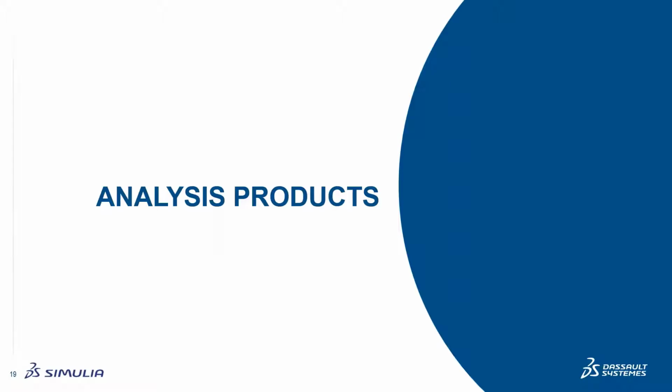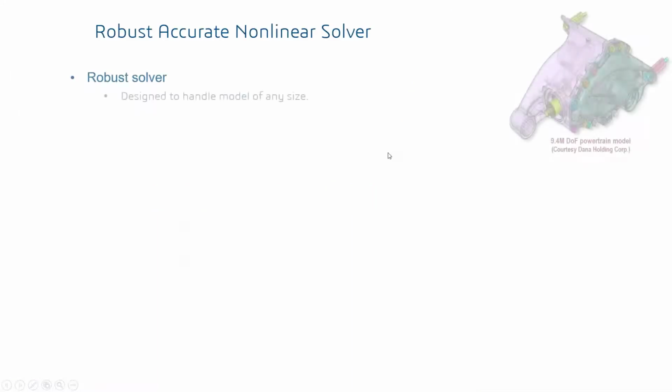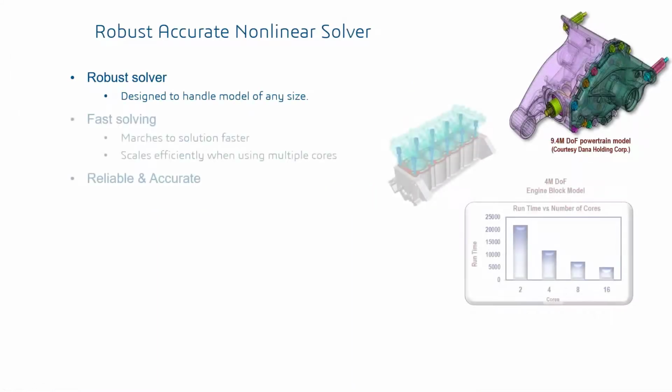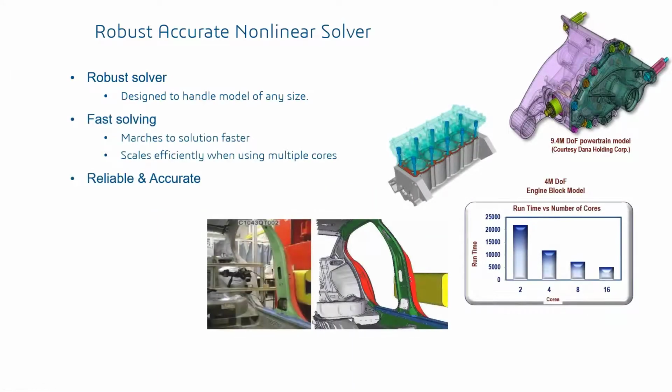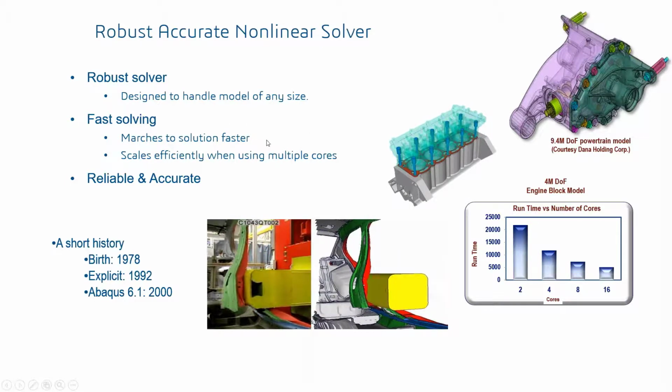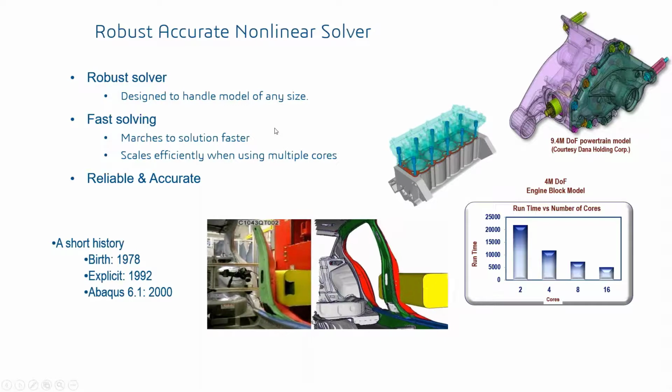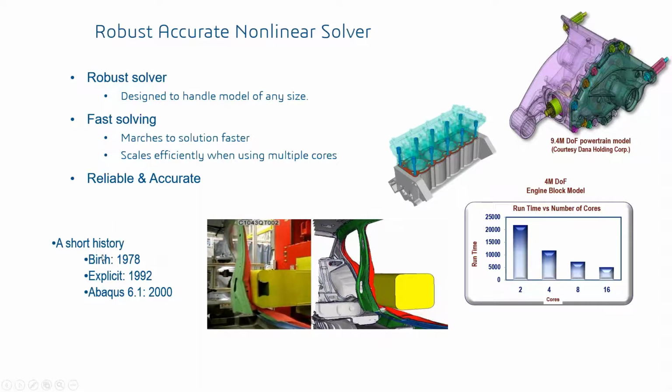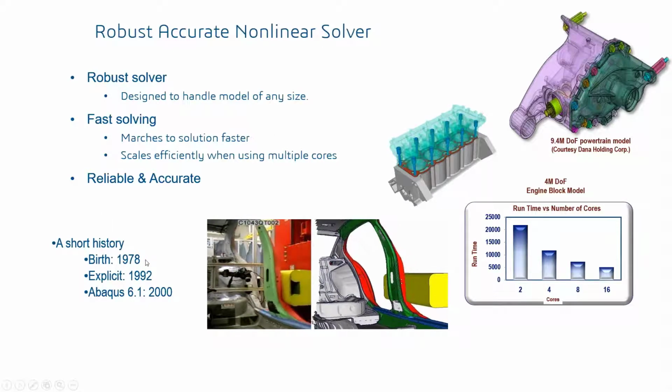So with that, let's turn our focus a little bit more to our analysis products. The solvers are modern, robust solvers that scale efficiently across multiple cores. Abaqus Standard was presented in 1978.